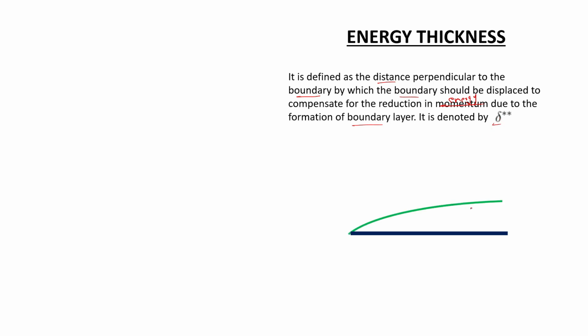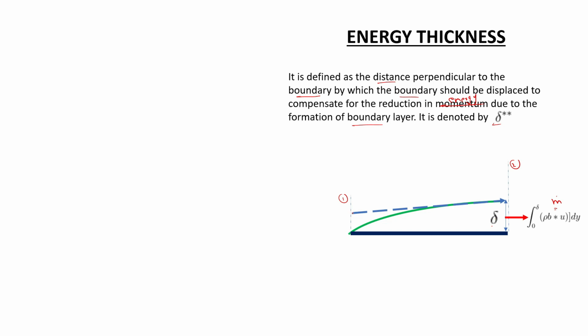Now let us take a flat plate and see the boundary layer formation over the flat plate. The thickness of the boundary layer at the end of the plate is delta. We are taking two sections, 1 and 2. The mass flow rate through the thickness delta inside the boundary layer is the integral of rho b u dy from 0 to delta.